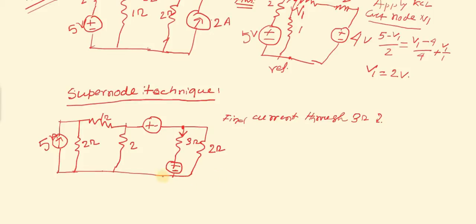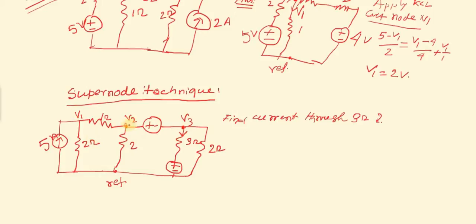Once again, you follow the nodal method. Say this is our reference node, and these are the nodes. So this is our node V1. This is another node, say V2, and this is another node, V3.